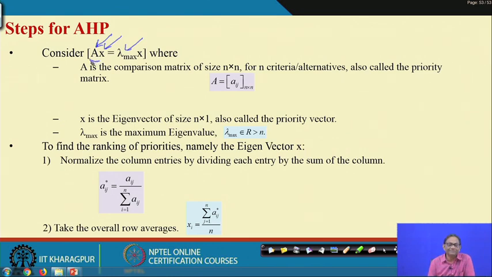So, lambda max means you will get a set of eigenvalues. How many eigenvalues? It depends on the size of the matrix, actually on the rank of the matrix.